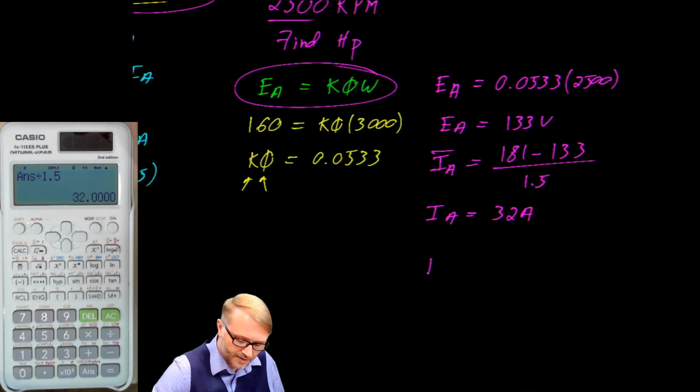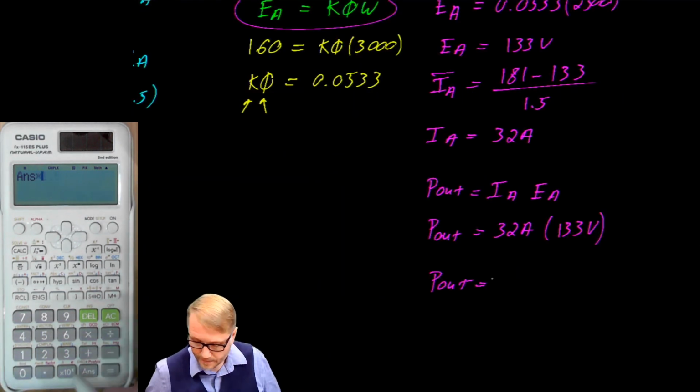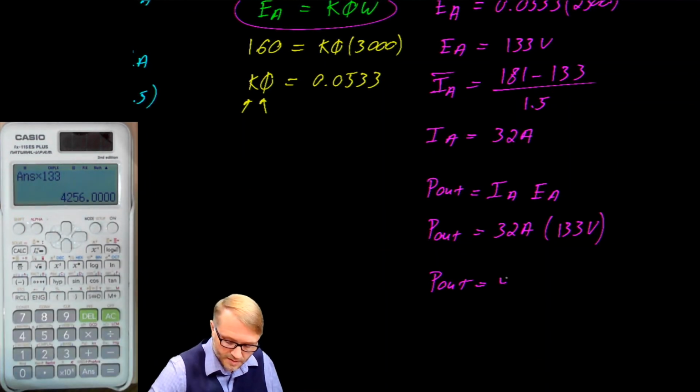The output power is the current by the back EMF. So our output power is 32 amps times 133 volts. That gives you 4.26 kW.